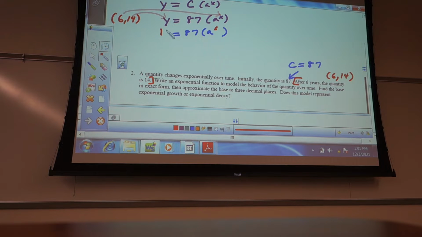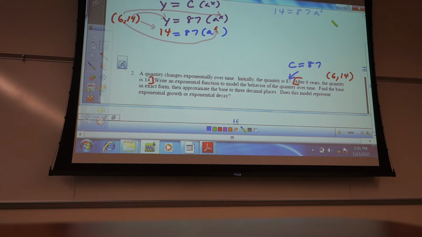Just got 14 here. All right, so I'm just going to substitute in those numbers. This is a little bit harder: 14 equals 87 times a to the 6th.